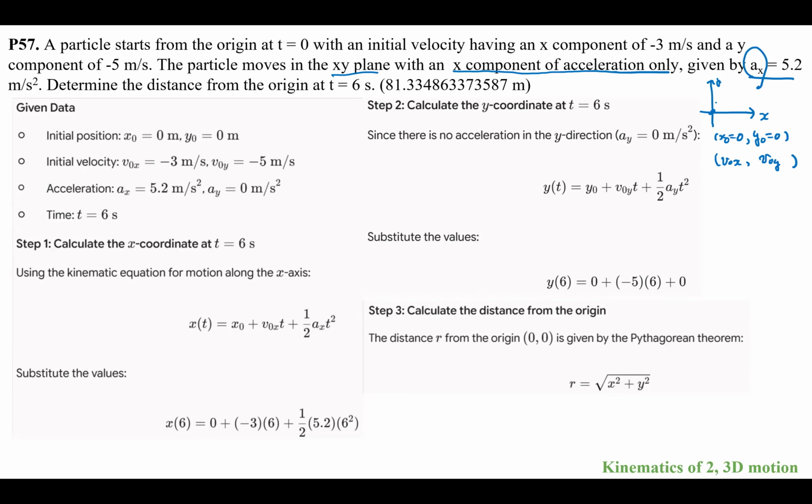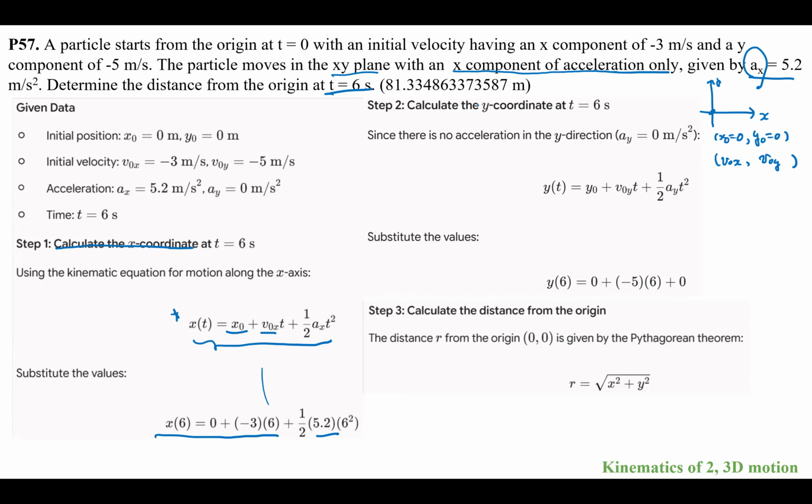Along the y direction, there is no acceleration. That's the thing we need to find out. So for the x coordinate, for constant acceleration with the given initial position and initial velocity, we have these equations. Okay, and if we plug in t equal to 6, which is given, we get x(6) given by this one.